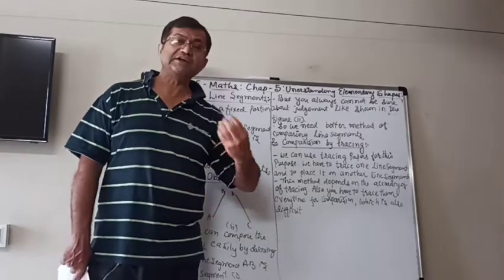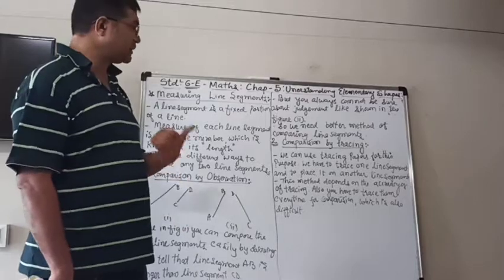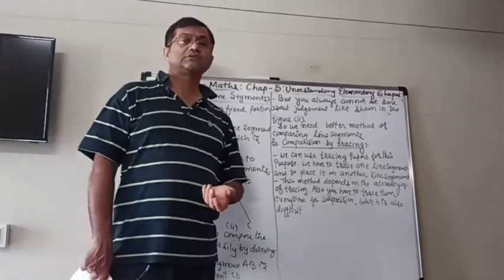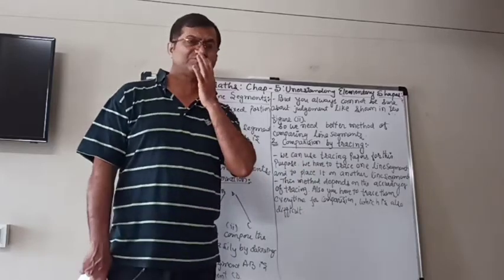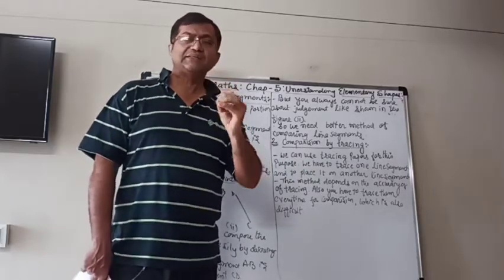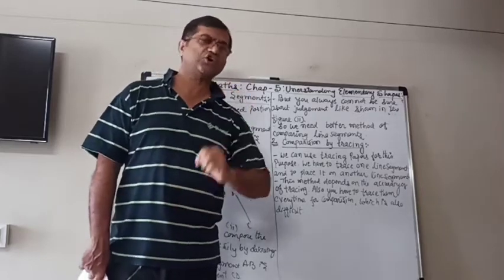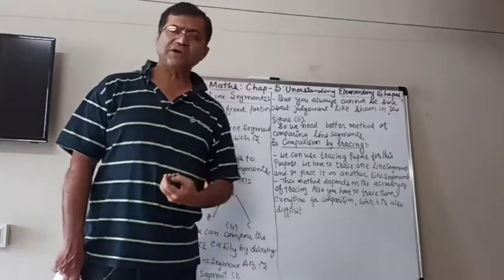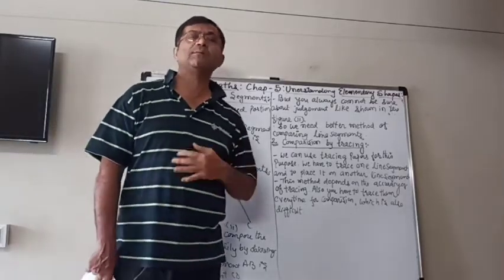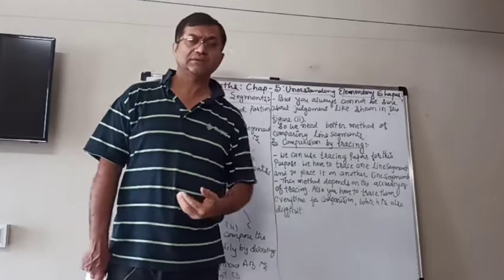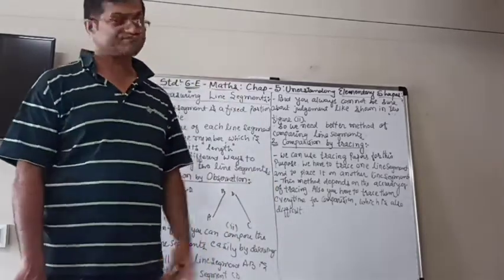It means that we need a more accurate, better method than observation, especially when there is a minor difference in their length. In this situation it is not easy to compare them.